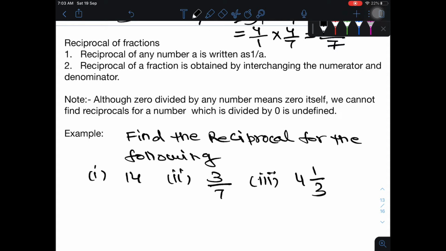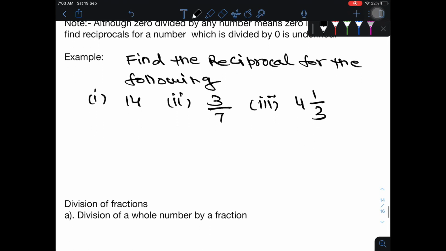Okay. So reciprocal of 14 will be 1 by 14. Just you have to write 1 upon the given number if it is written as a whole number.